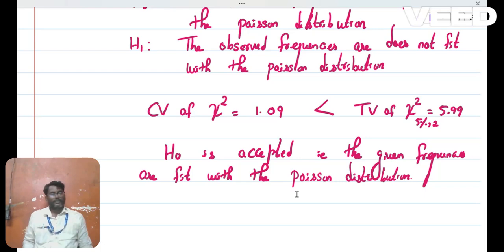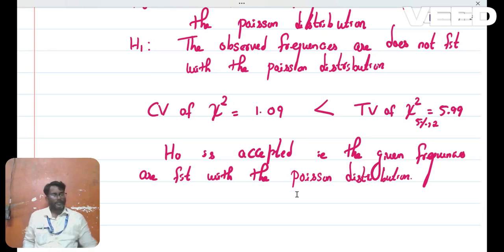The calculated value of chi-square is 1.09, whereas the table value is 5.99. So the calculated value is smaller than the table value 5.99. Therefore H naught is accepted.